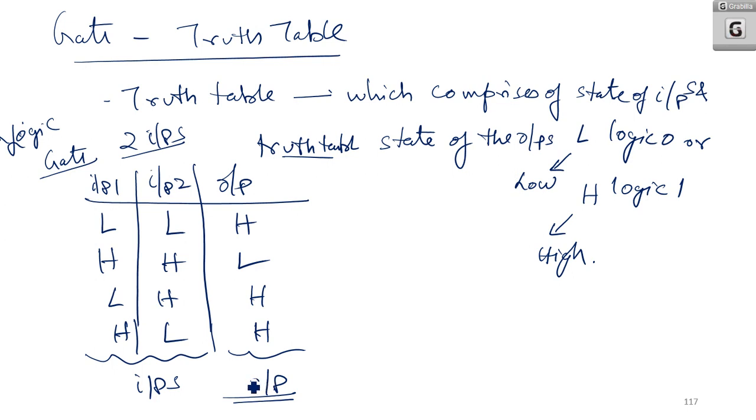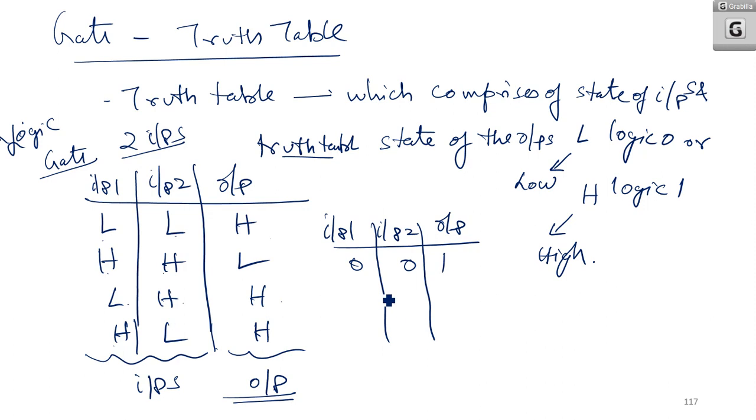As an example, input 1 and input 2: low, low gives high; high, low gives low... Or the same thing I can write in another form using zeros and ones: 0, 0, 1; 0, 1, 1; 1, 0, 1.